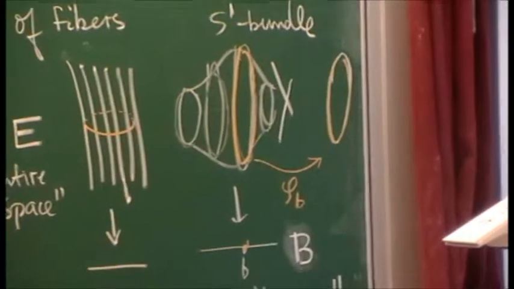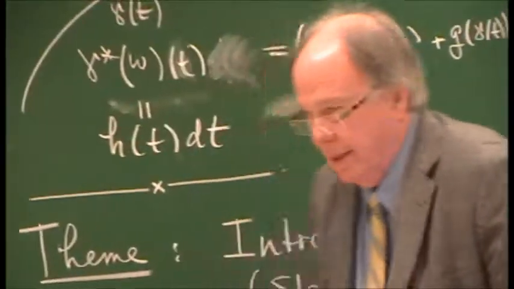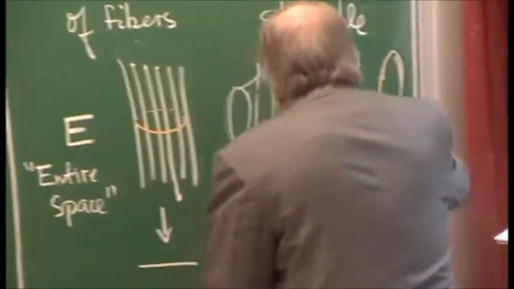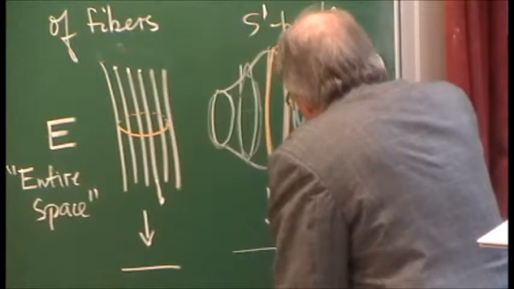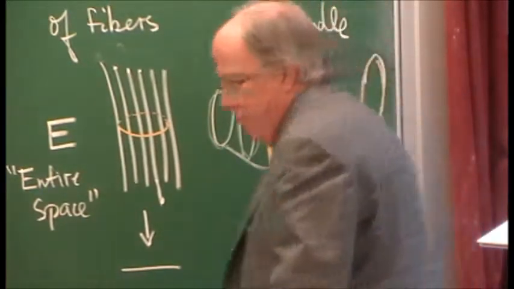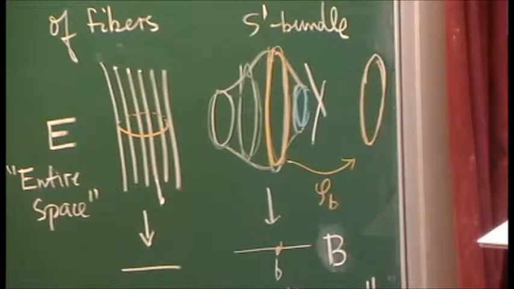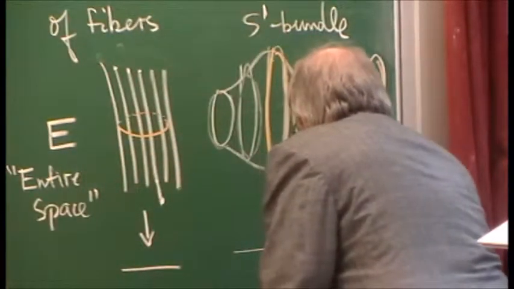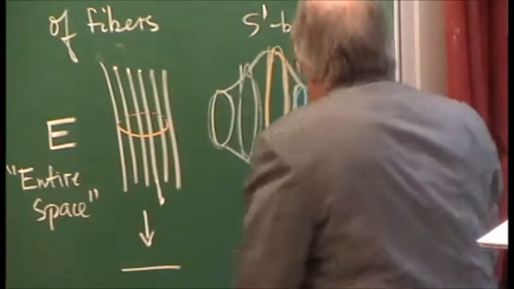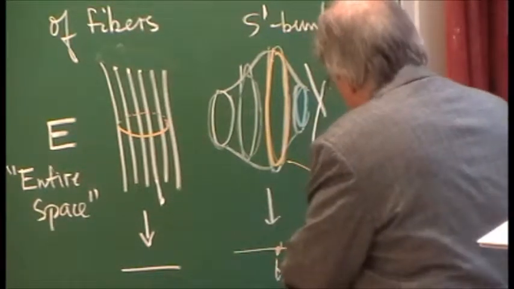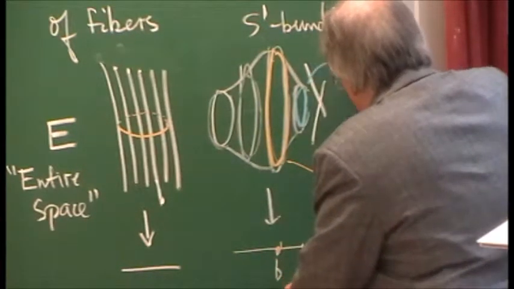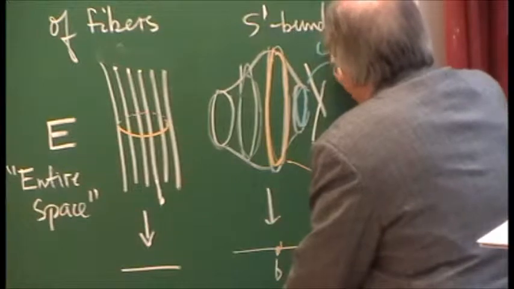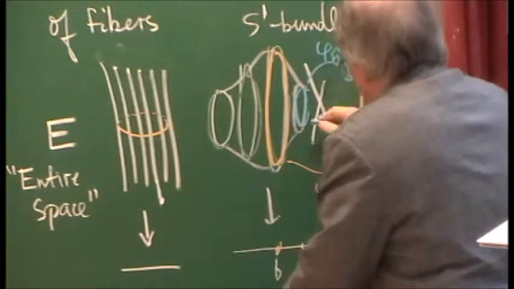Right. This little tiny fiber here, let's say this is B hat. B hat here, this is the fiber over B hat. Here's the fiber over B hat. This is isomorphic to S1 by another isomorphism because it's another fiber.